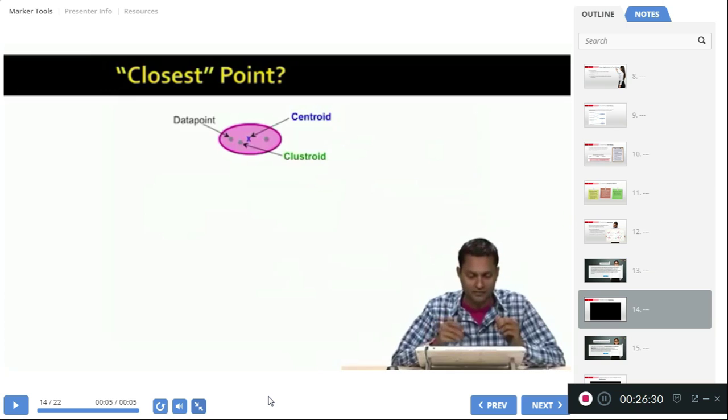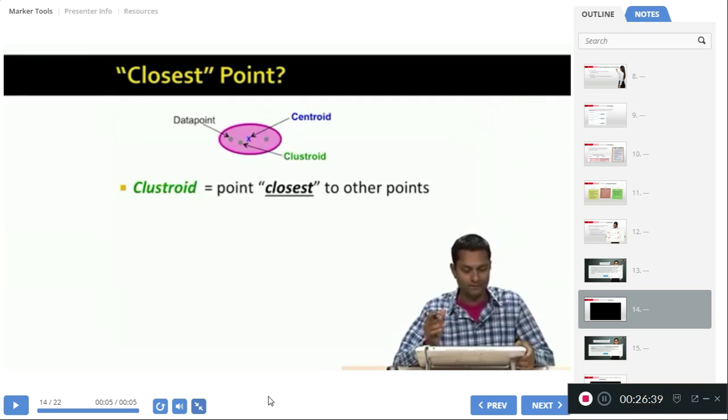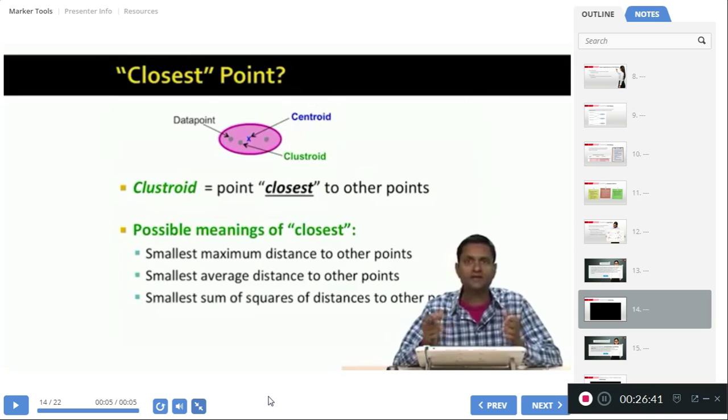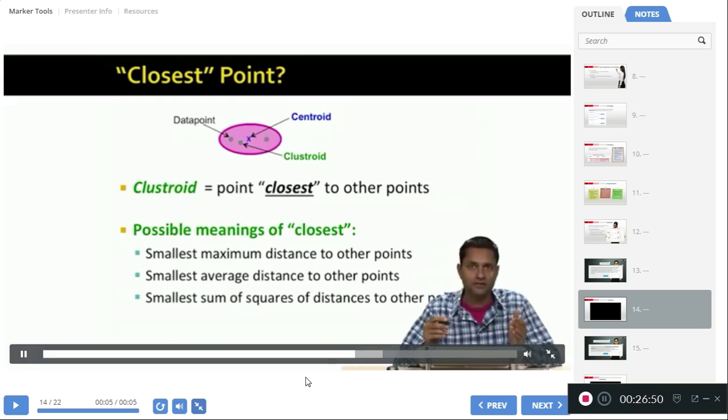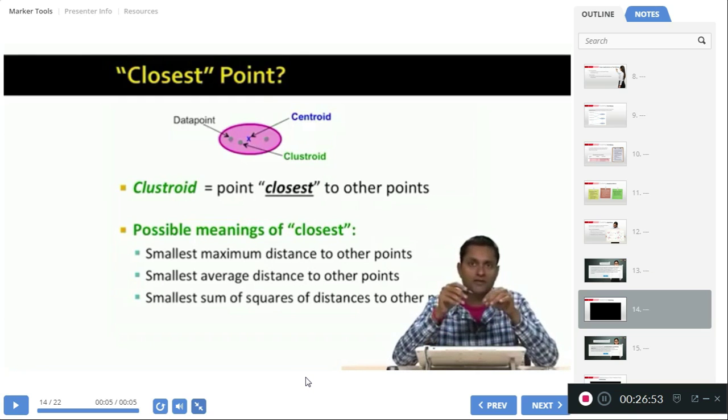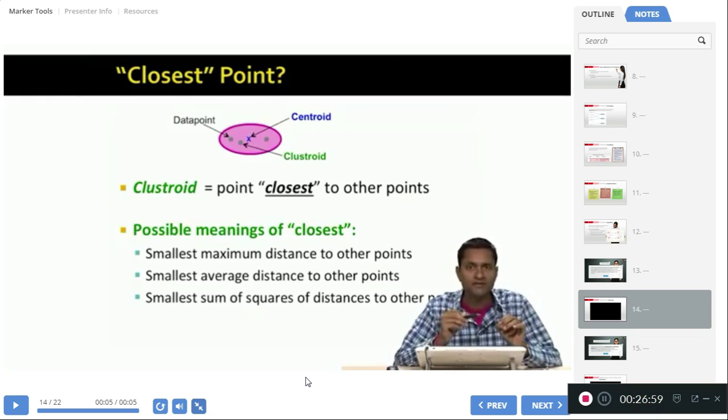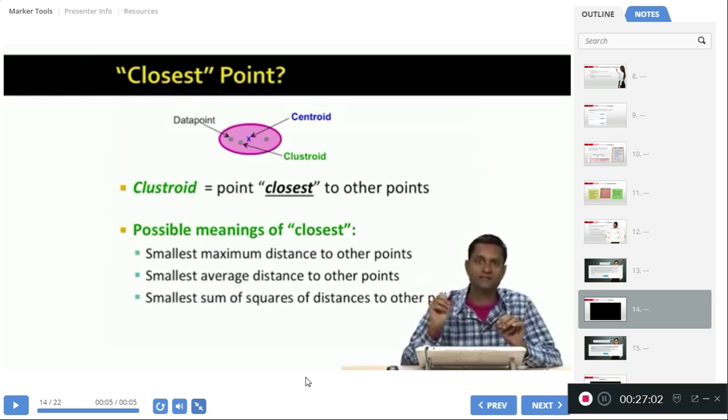Now, we've defined the clusteroid to be the point that is closest to the other points within the cluster. How exactly do we define this notion of closest point? It turns out that there are multiple ways of defining the notion of closest when we are picking the clusteroid. For example, we might want to pick the point that is at the smallest maximum distance to other points, by which we mean we measure the distance between every pair of points, and then we find a point such that the maximum distance between that point and any other point in the cluster is as small as possible.